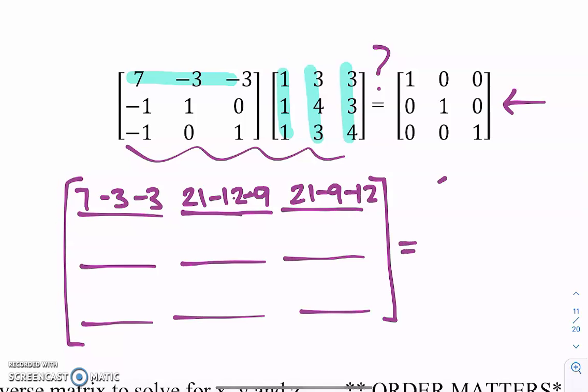So let's see what we get for this first row. 7, negative 3, 6. So 7 minus 6 is 1. Negative 12 and negative 9 is negative 21, plus 21 is 0. Negative 9 and negative 12 again is negative 21, plus 21 will be 0.